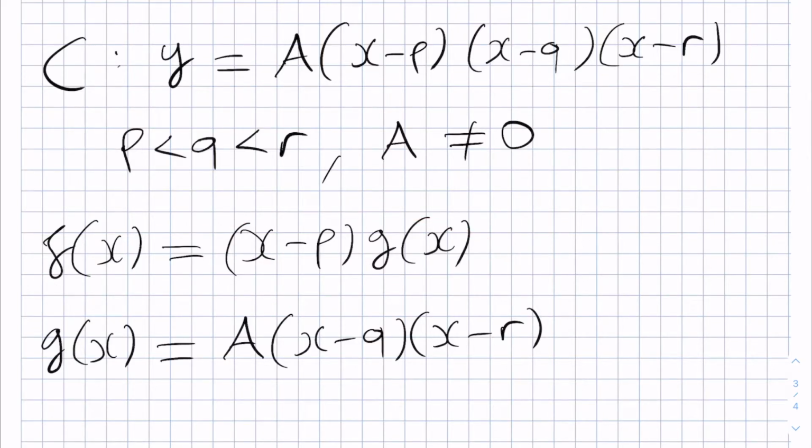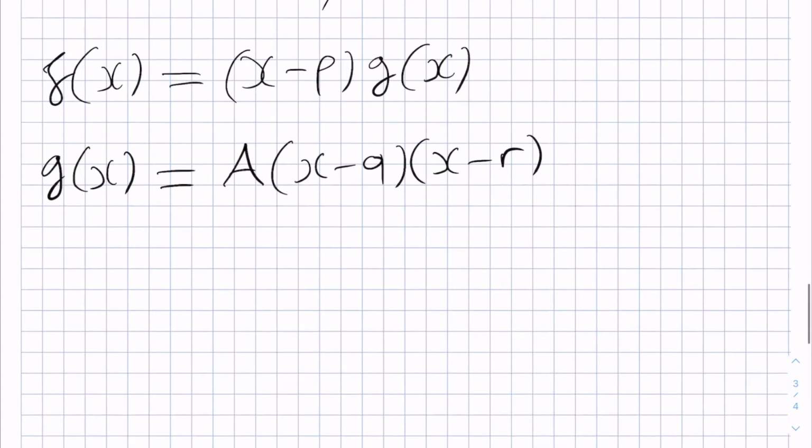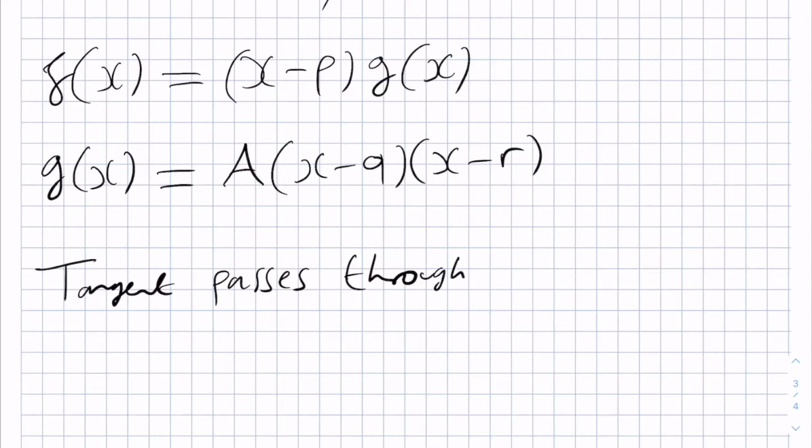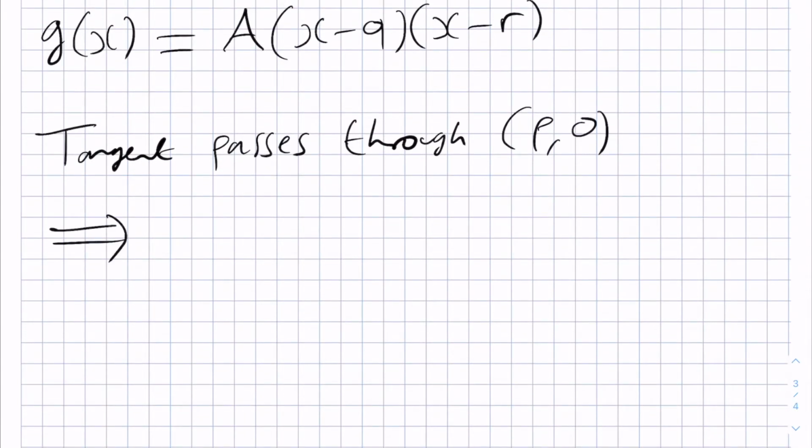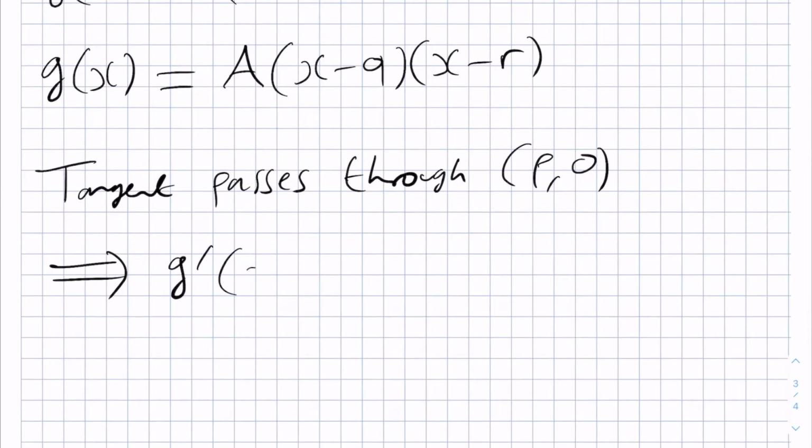We showed that this occurs if and only if g prime of a is equal to 0. So, because we've been told that the tangent passes through the point P0, we now know that it must be the case that g prime of a is equal to 0.